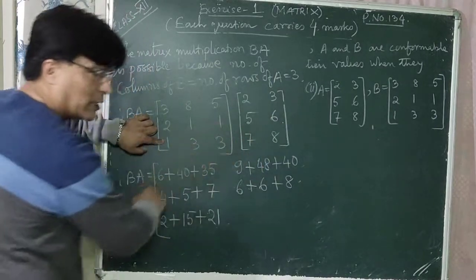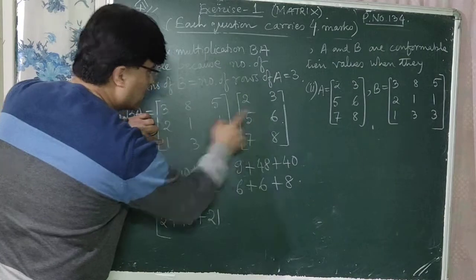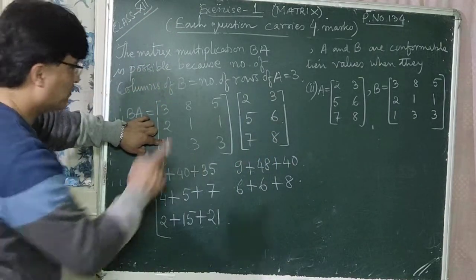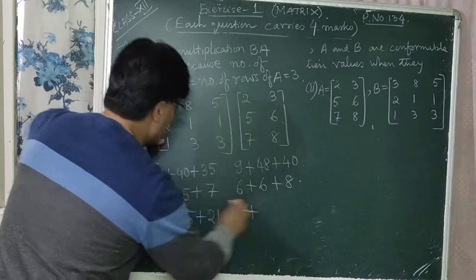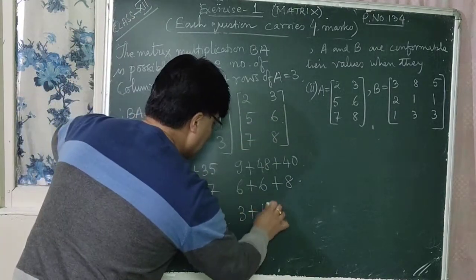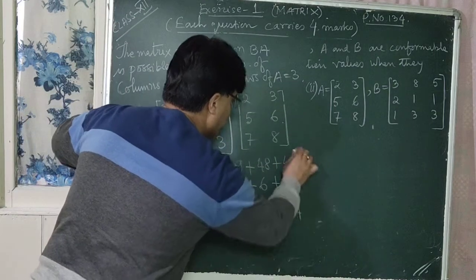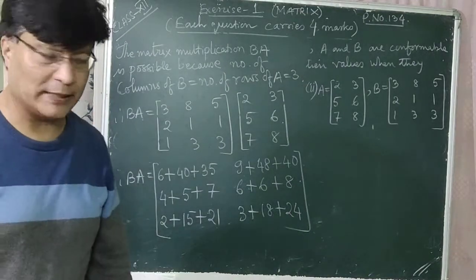Corresponding elements should be multiplied. That means first element into first element, second element into second element, plus third element into third element. Okay? Now 1 3s are 3 plus 3 6s are 18 plus 3 8s are 24. Right? So this is the matrix BA.